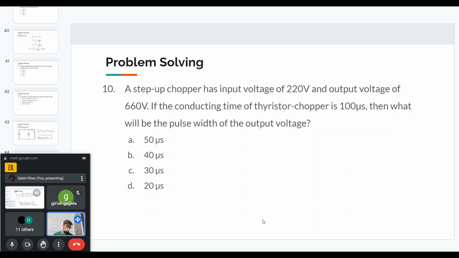So basically, you have to find the off time of the switch. You are given the on time, you are given the input and output voltages, and you are told that it is a step up chopper or a boost converter. So if you know the output voltage of the boost converter, you should be able to find it. Someone is saying C, 30 microseconds.